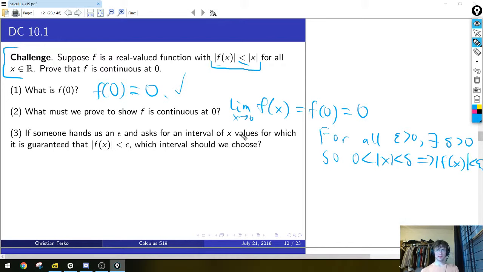I've converted that into English in scaffold question 3. Someone hands you an epsilon and asks for what interval of x values, for which choices of the input x, will it be true that the absolute value of f of x is less than epsilon, possibly using this assumption? Which should you pick?